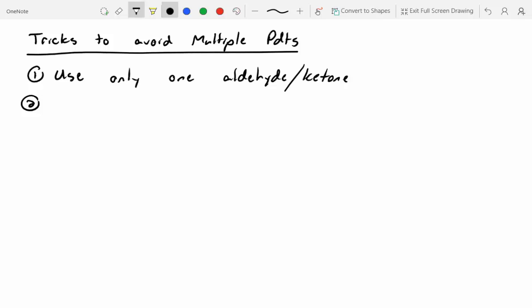So lithium diisopropylamide is a really good base for doing aldol reactions. So the trick that a lot of chemists do is they drip their first aldehyde or ketone, the one they want to act as the nucleophile, into LDA.